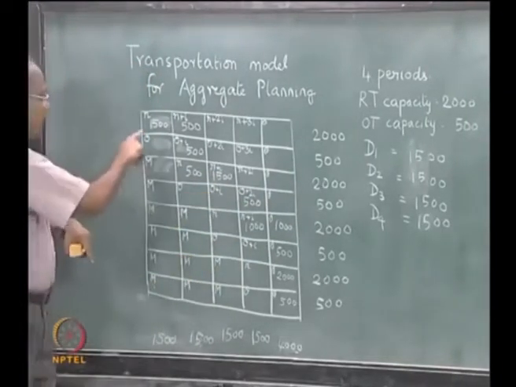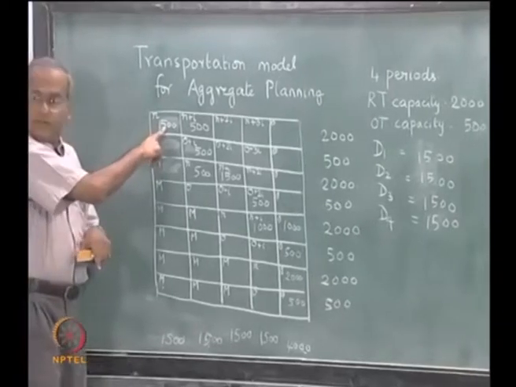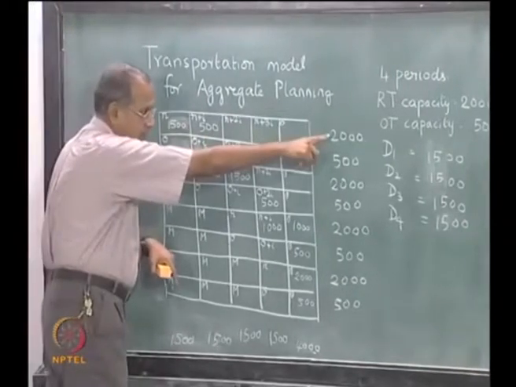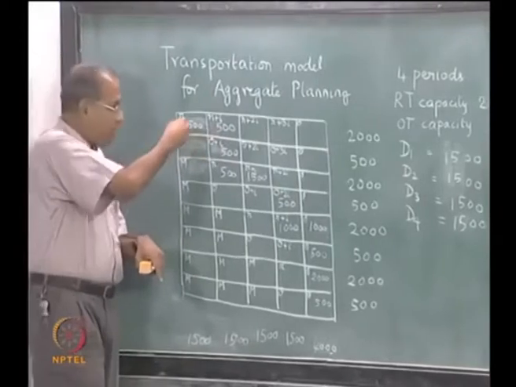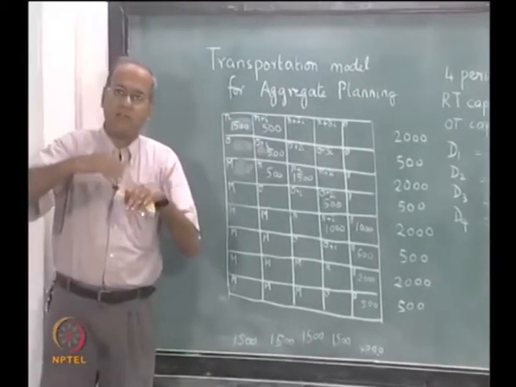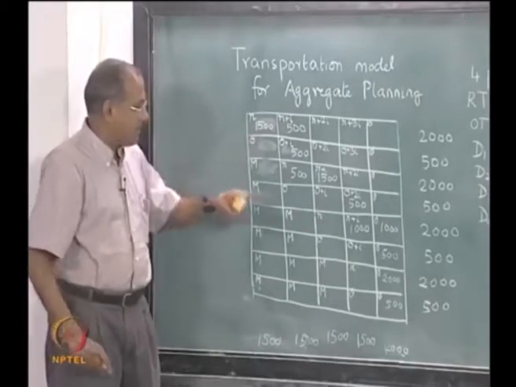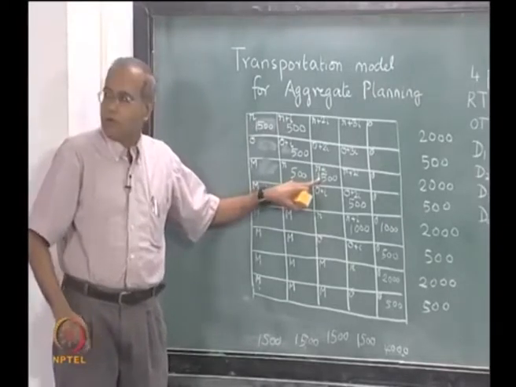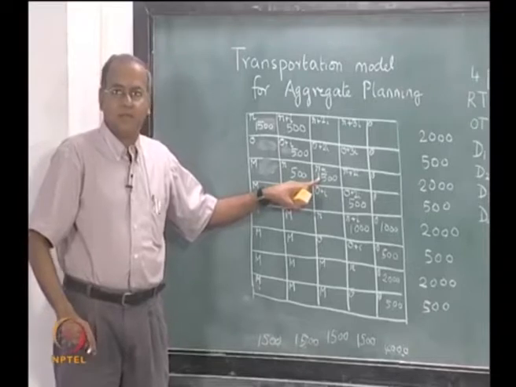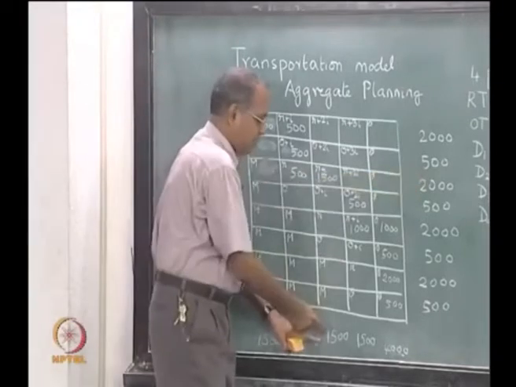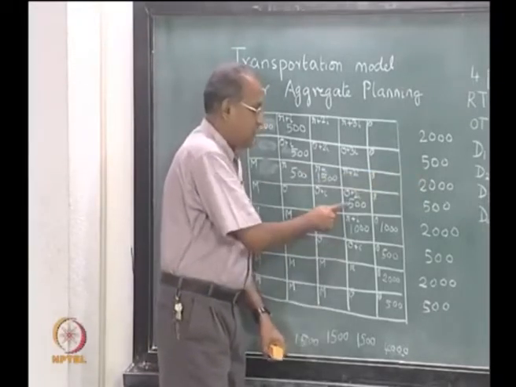For example, when we made this allocation of 1500, we had a balance of 500 here which came here. So, only one row or one column was entirely filled or met by the allocation, but at this point both the row and column were met entirely, and therefore, both these were met and we started from here.